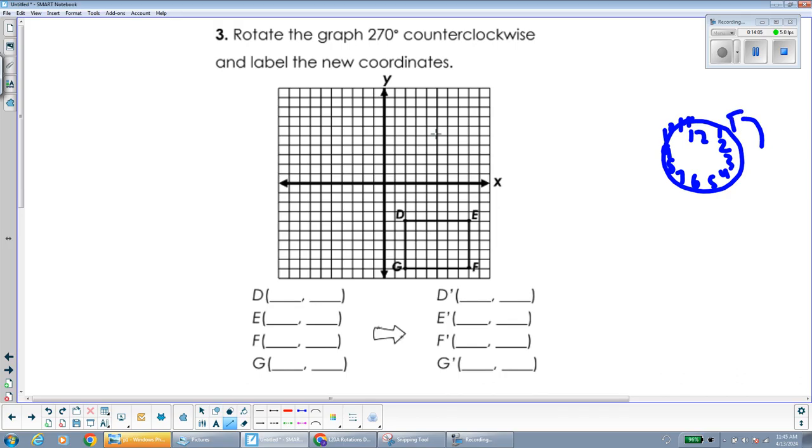So it's going to go 90, 180, 270, and it's going to end in quadrant 3. But that's the same thing as doing a 90 degrees clockwise rotation. Because if we rotate it 90 degrees clockwise one time, it will end up in the same quadrant. So rather than doing 3 90-degree counterclockwise rotations, you can just do one clockwise rotation.